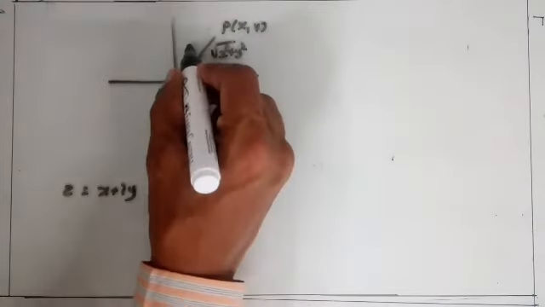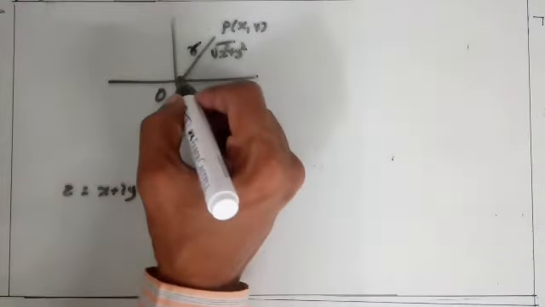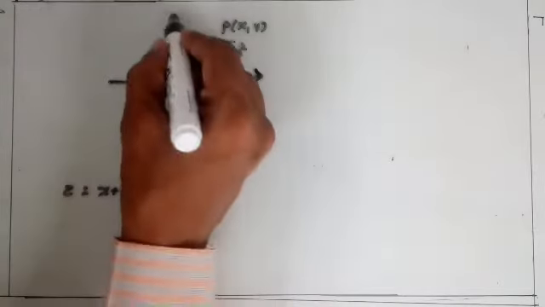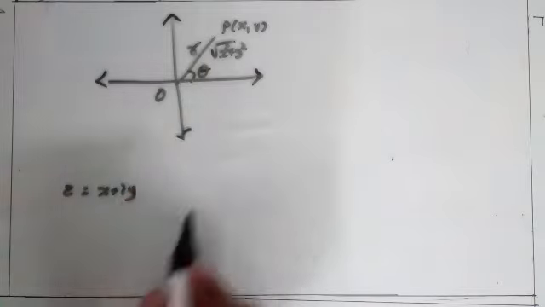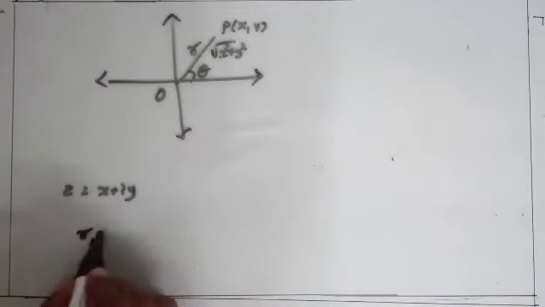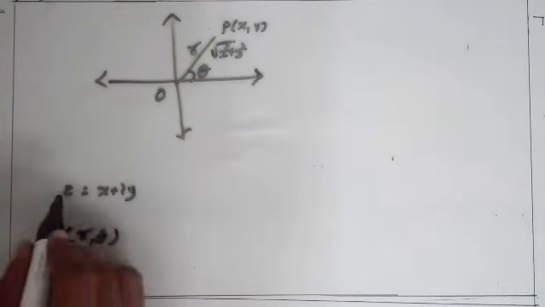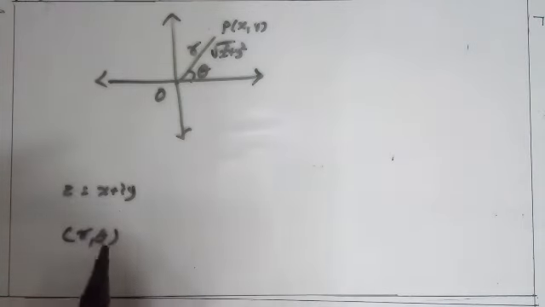And say this is r. If OP makes an angle theta with the positive direction of the x-axis, then (r, theta) is called the polar coordinate of the given complex number. Clear?